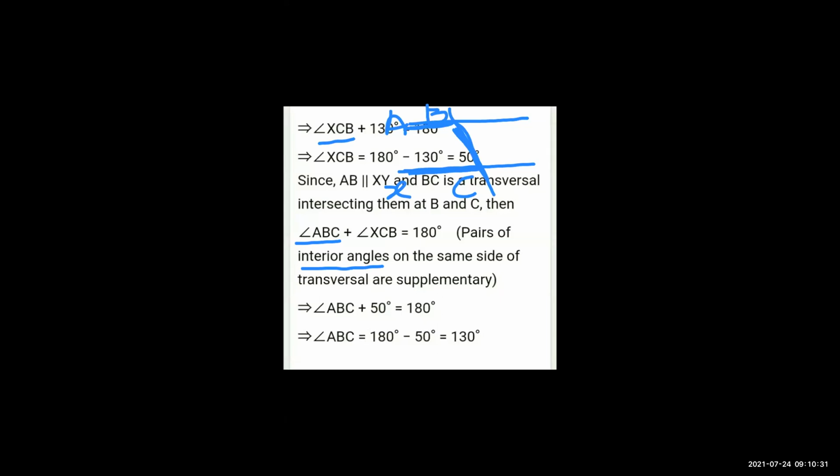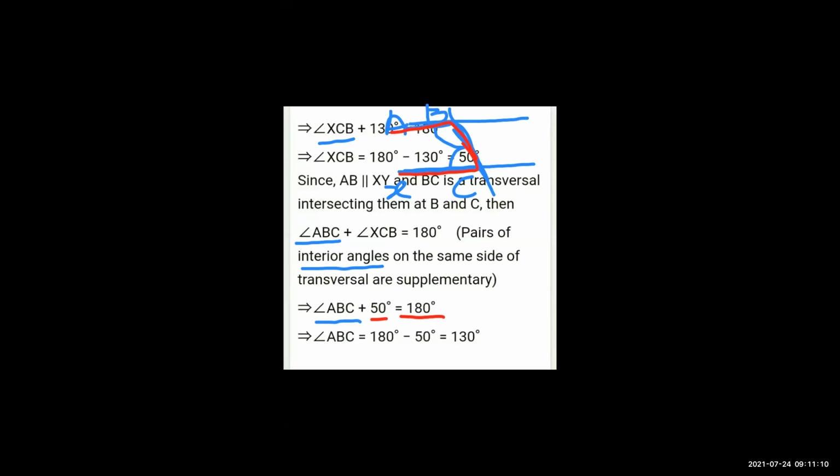These are the angles on the same side of a transversal. So again, based on this property, angle ABC plus the value of XCB, which we put as 50 degrees, and as it is a pair of interior angles, together they measure 180 degrees.